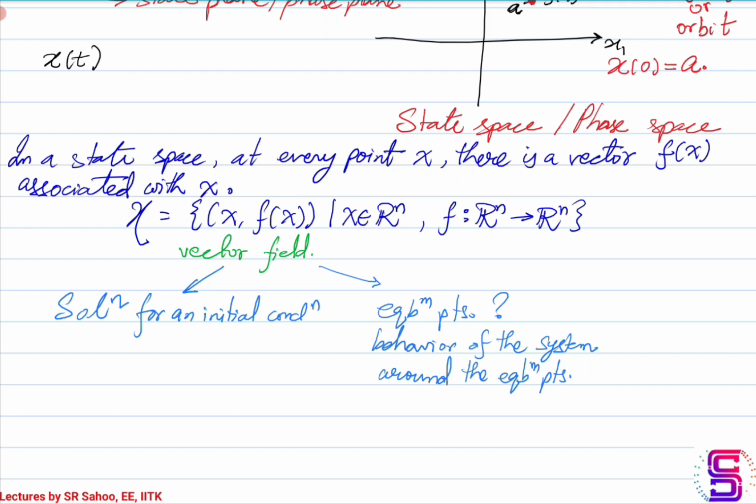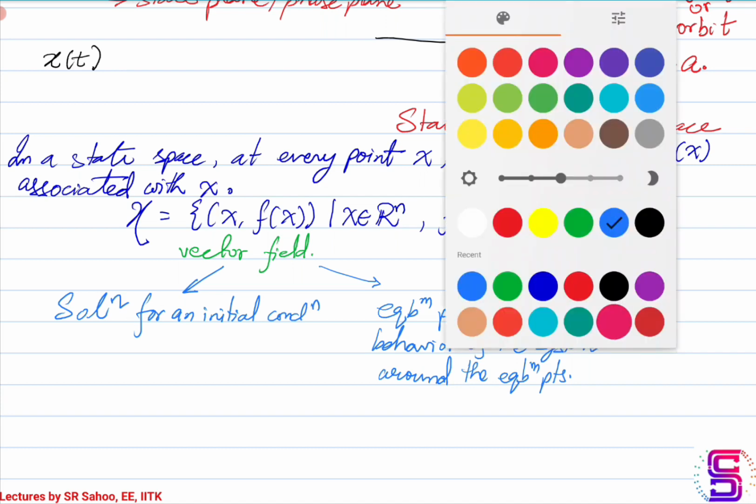So it will give you an idea that if you start at a point close to the equilibrium point, the solution trajectory that evolves will have a tendency to go towards the equilibrium point, or will have a tendency to move away from it.